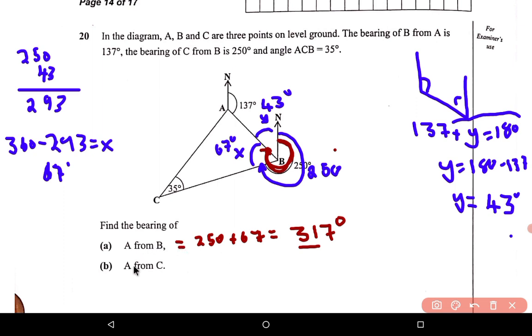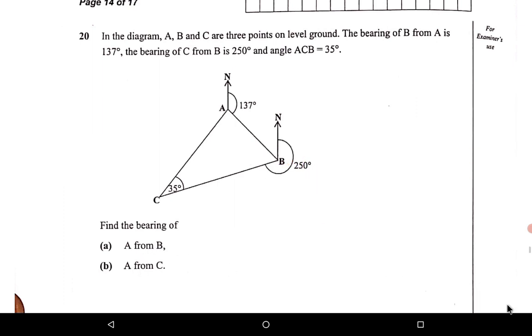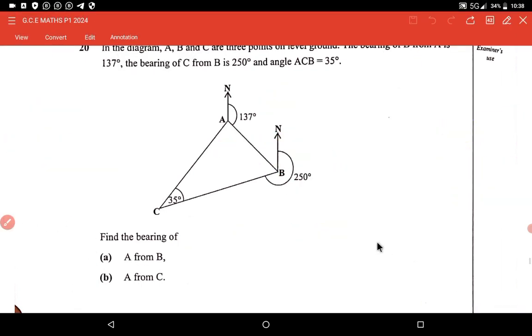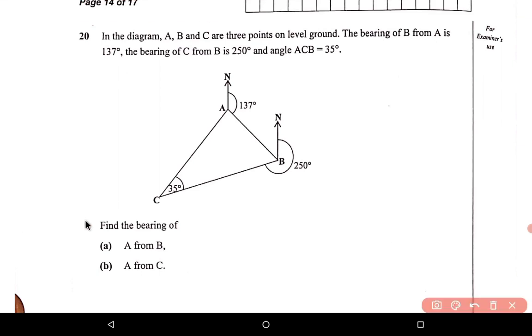Now we go to the next part. A from C, A from C. So that is, we make a north at C. At C here, you come up with a north.